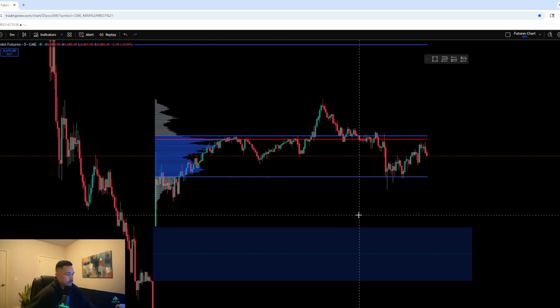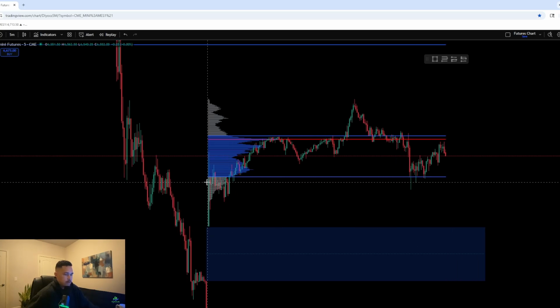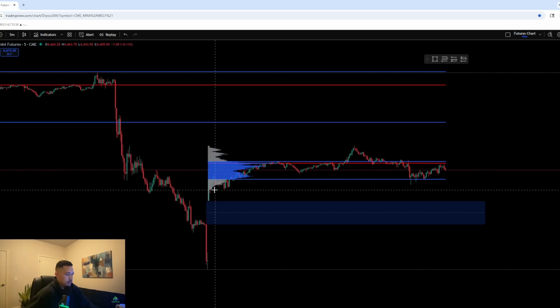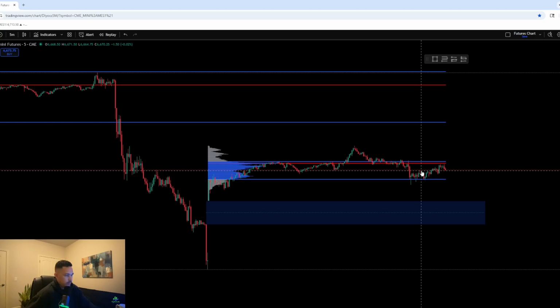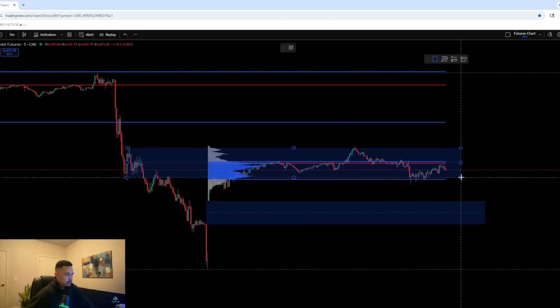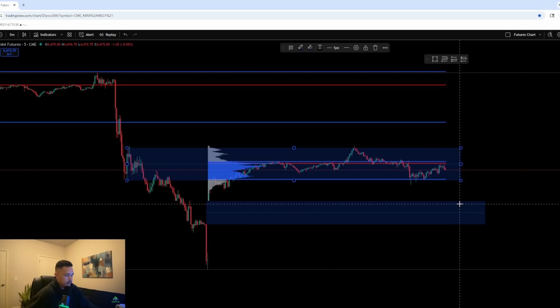I'm definitely going to be looking at that, but you never know. Price may use this as some type of support and end up bouncing off, or it can use this point as resistance. So we'll say this area right here, and it may just trade through, bounce off of this lower volume node at the 6659 level and continue to fill this gap.